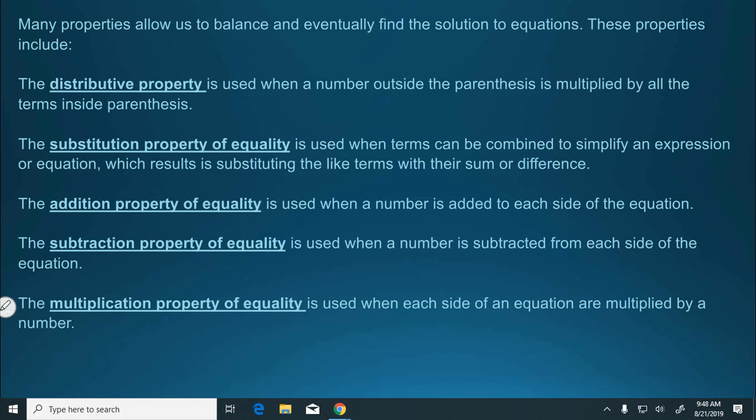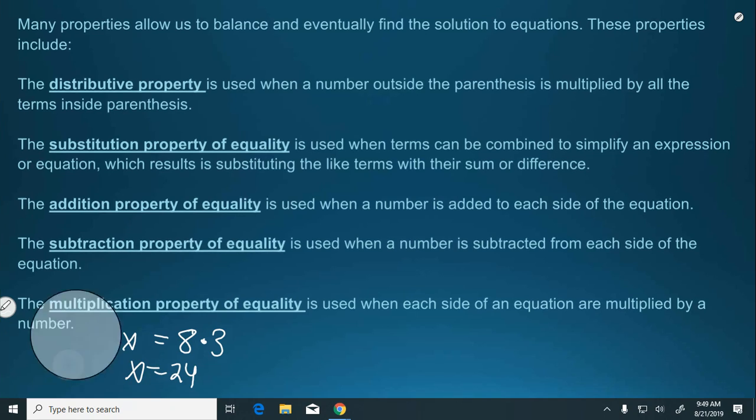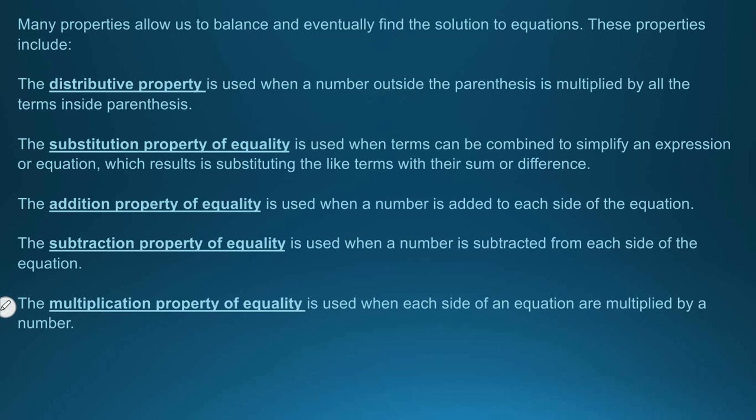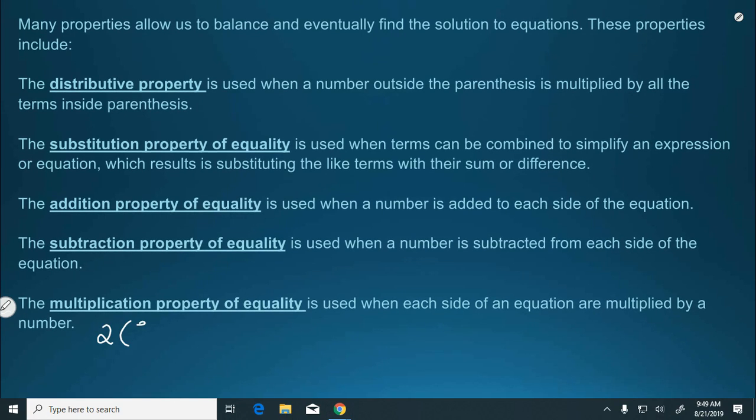So something like 1/3 of x equals 8. The reciprocal of 1/3 would be 3, so you're multiplying by 3. So x is 24. That is the multiplication property of equality. You could even see that with something like 2 times 5x minus 10 equals 40.